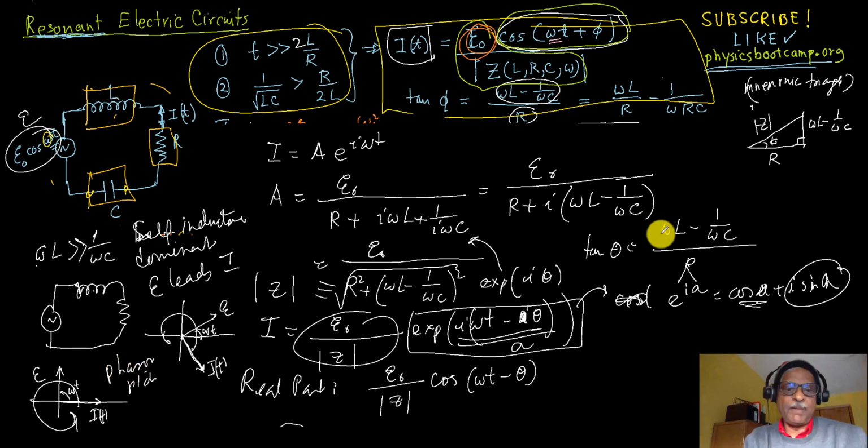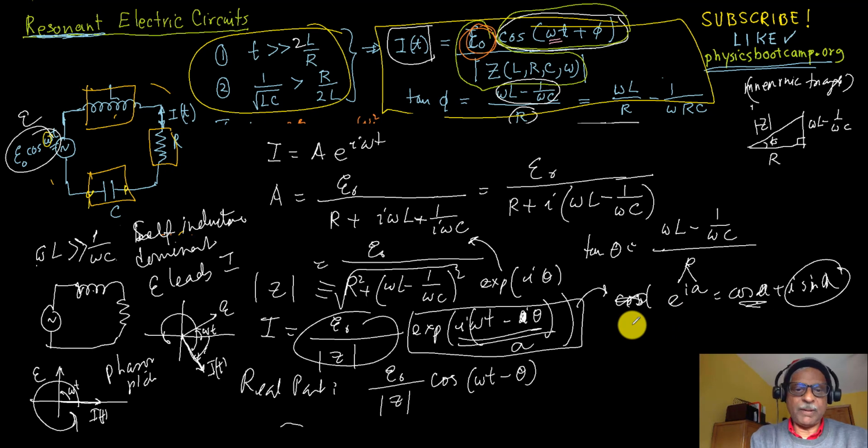So over here, you can see that if omega L was bigger than 1 over omega C, then phi is below here, so phi is negative.